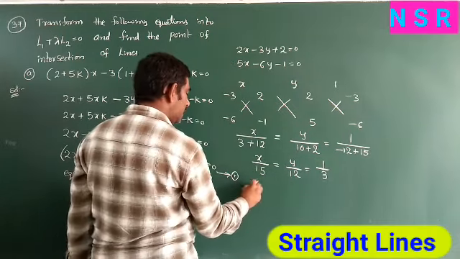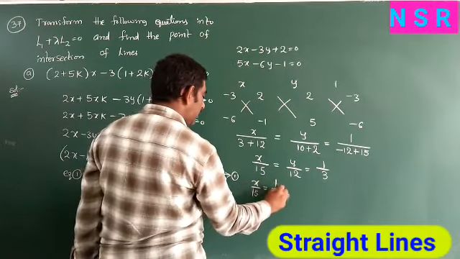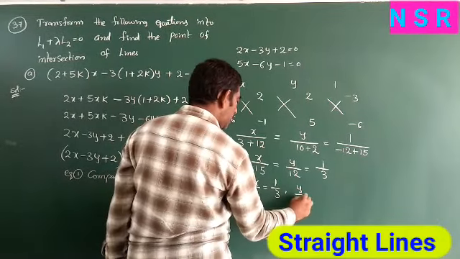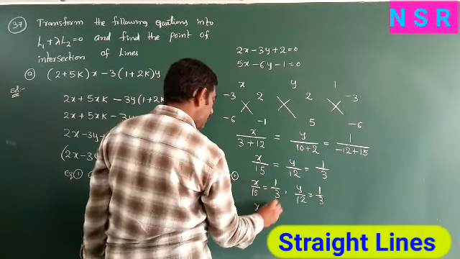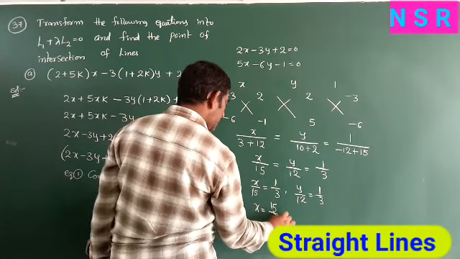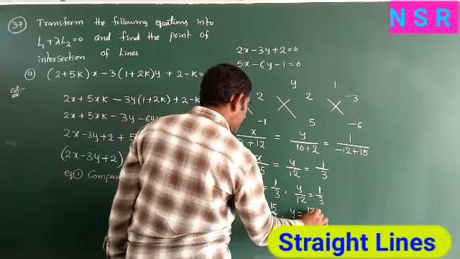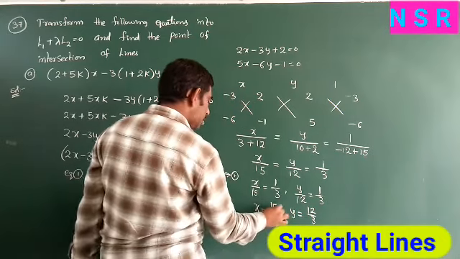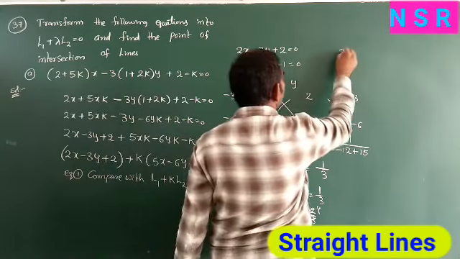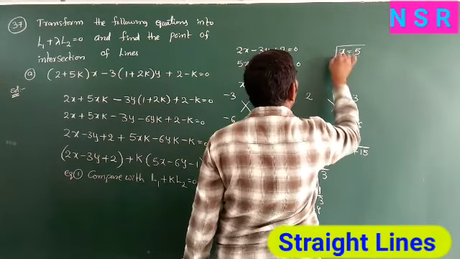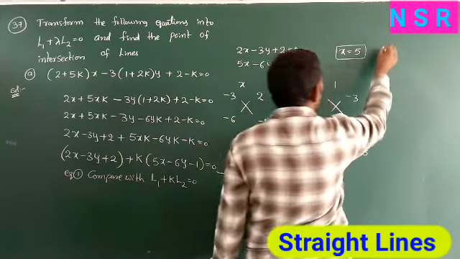Now equating x and y: x by 15 equal to 1 by 3, y by 12 equal to 1 by 3. Now x is equal to 15 ones are 15 by 3, y equal to 12 into 1, 12 by 3. So 3 fives are 15, 3 fours are 12. So x is equal to 5 and y equal to 4.